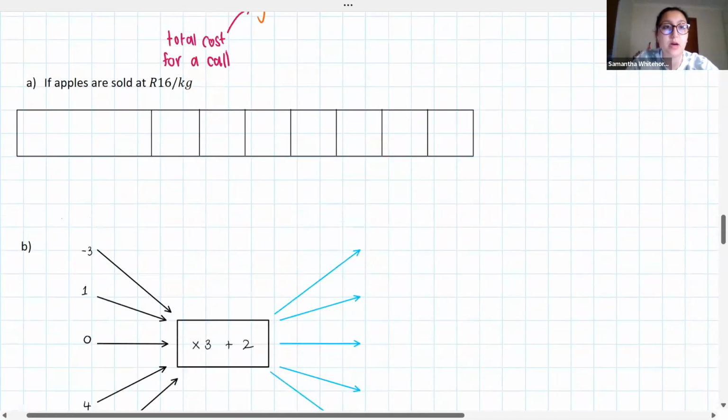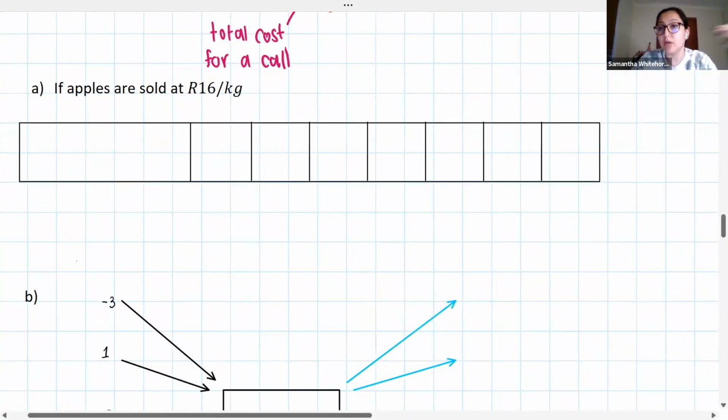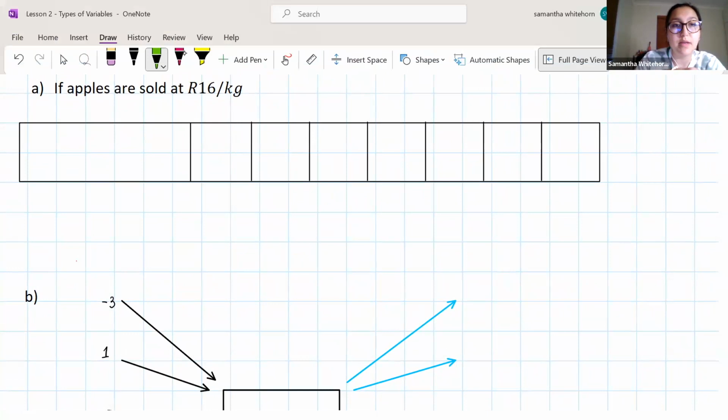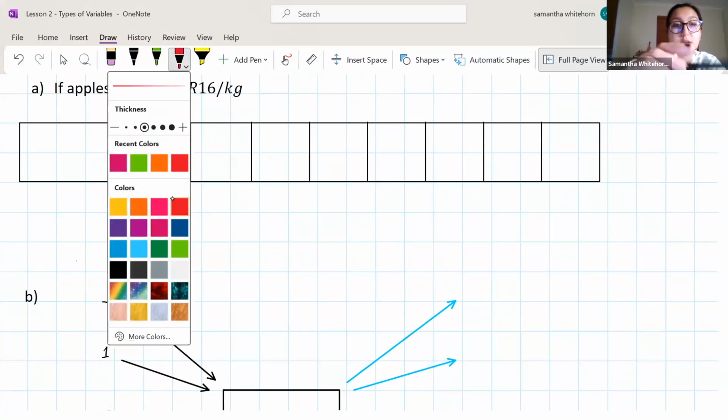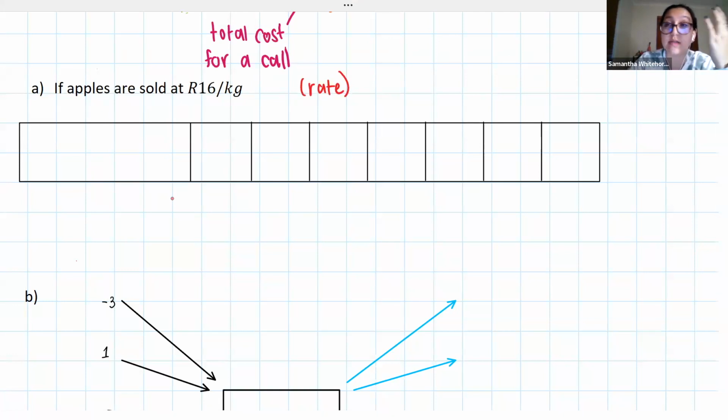Alrighty, so this first example is an example of a rate. Now, we did rates and ratios way back in first term. But like I said, there's a lot of overlap between this section and many others in maths. A lot of you described very well what a rate is.